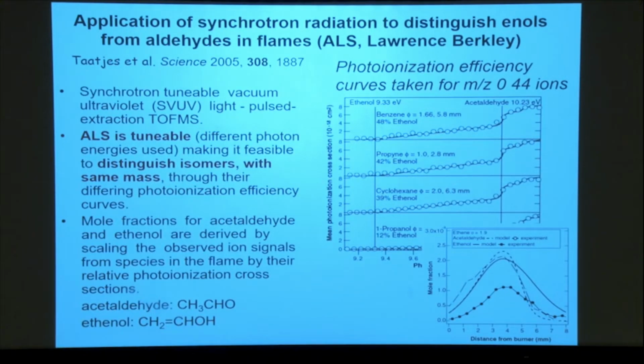We're used to seeing acetaldehyde from oxygenated fuels, but the isomer here, ethenol, hadn't really been included in chemical mechanisms and hadn't really been measured directly in experiments. And so the ability to use a tunable light source allowed the distinction between these two isomers and showed that actually there were quite substantial concentrations of the enol in this flame.